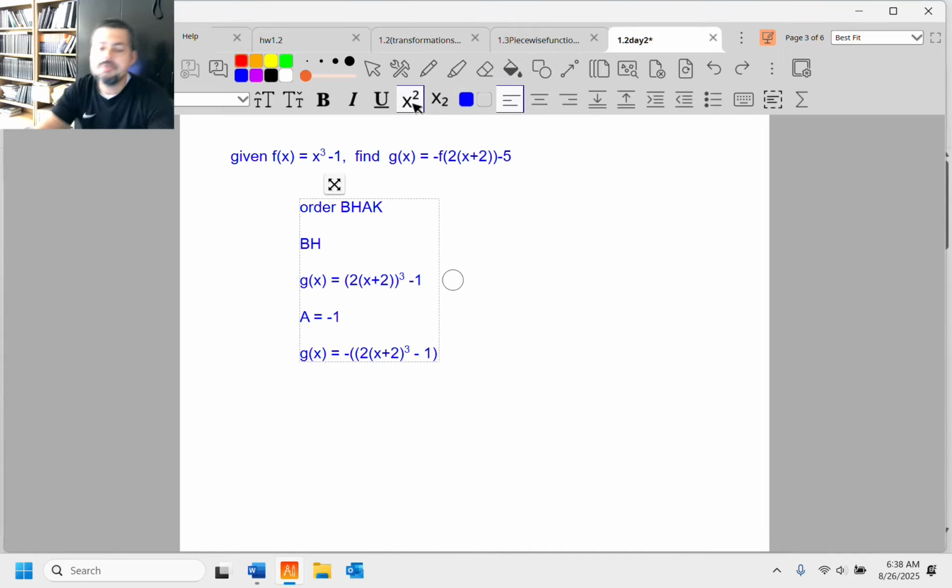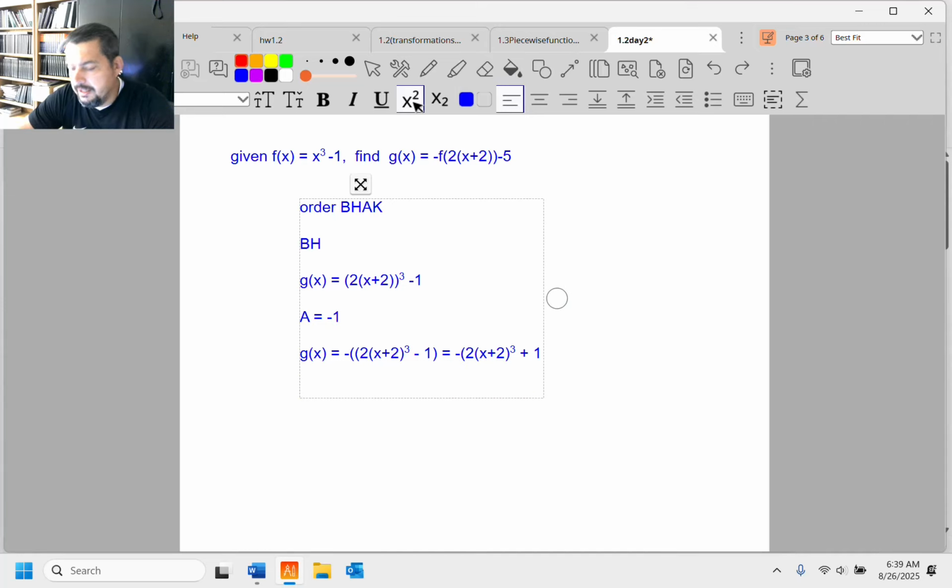And that's where it gets interesting. If there's more than just a parent function, you have to actually do some distribution there. So distributing this, we would get negative parentheses 2 times x plus 2 to the third power, and then not -1, +1. That negates the function. That does the reflection that was necessary.